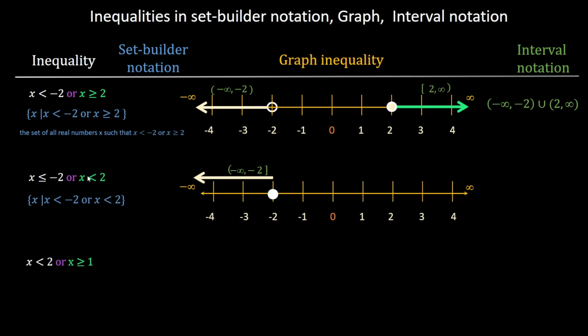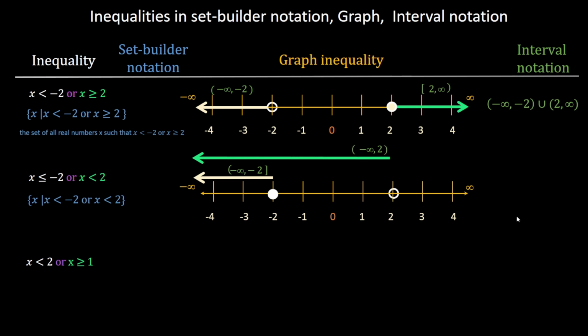Now let's graph x less than 2. 2 is not included in the solution, so let's draw an open circle around 2 and shade all the numbers less than 2, all the way to minus infinity, as the solution. Now let's write this solution in interval notation. For that, let's pick both the endpoints, minus infinity and 2, and put parentheses around them.